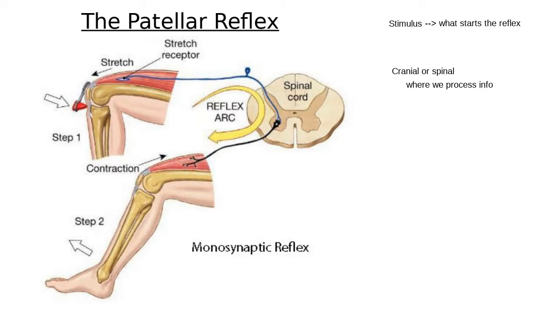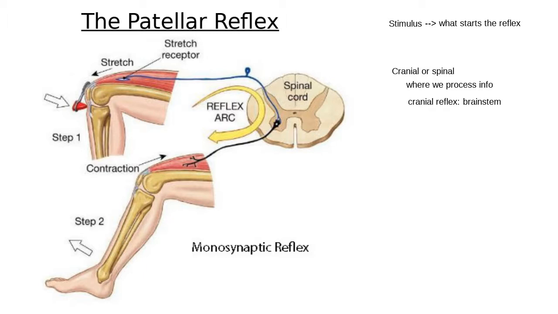When we talk about a cranial reflex, the part of the body that's going to figure out how we're going to respond is going to be somewhere like the brainstem, for example. Cranial, we're up by the head, a cranial reflex.